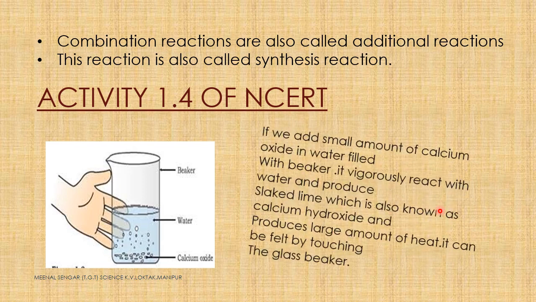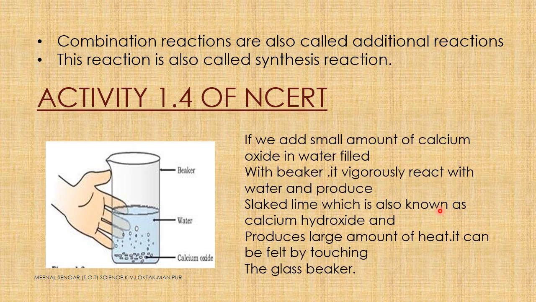Let us see this activity. If we add a small amount of calcium oxide to a water-filled beaker, it reacts vigorously with the water and produces slaked lime, which is known as calcium hydroxide, and a large amount of heat. It can be felt by touching the glass beaker. So this activity is an example of an exothermic as well as a combination reaction.